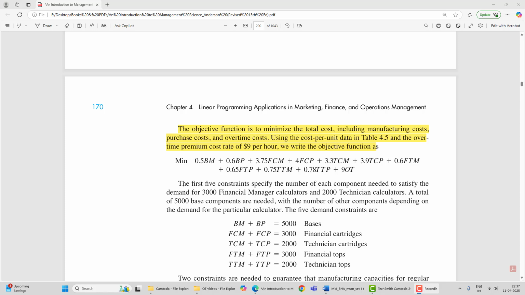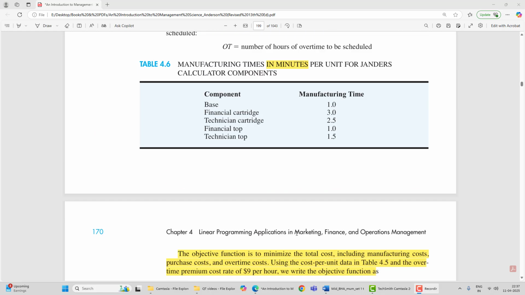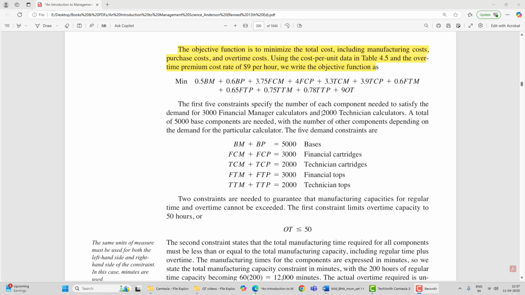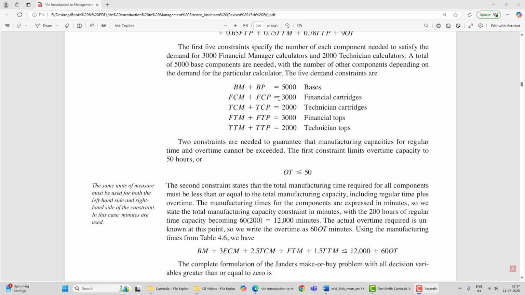Now the constraints are here. The first five constraints are here because we are going to complete our requirement of 3000 plus 2000. So the total bases required will be 5000. That is what is given here: BM plus BP equals 5000, then FCM plus FCP equals 3000, and FTM plus FTP equals 3000.